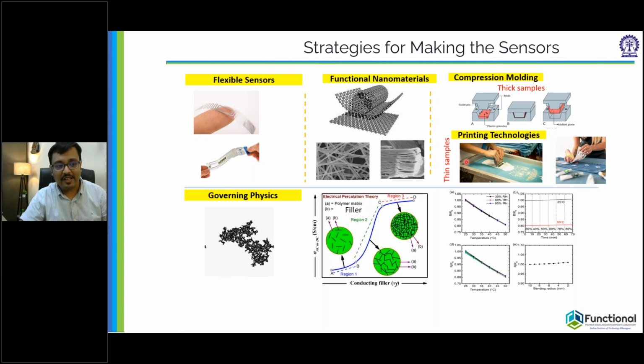But in most cases, when we take solid rubbers and dissolve them in solvent, the solvent comes into the picture, and that is sometimes environmentally not so benign. So what we have established in this particular technology is using a liquid rubber. So this is another neat way to make these rubberized sensors.